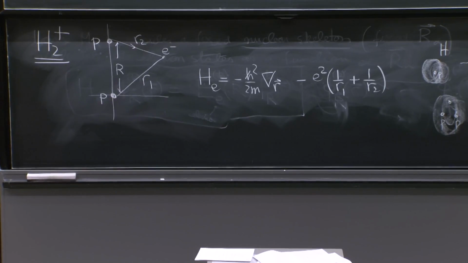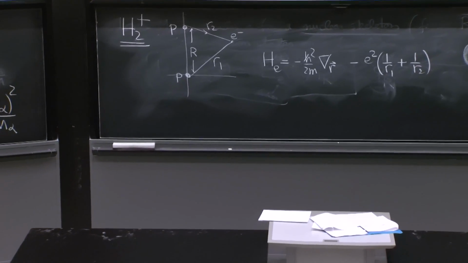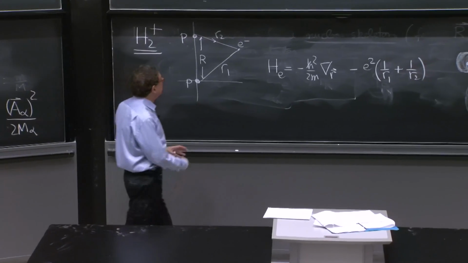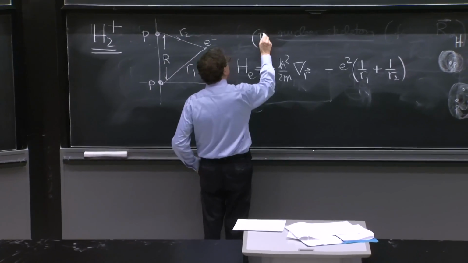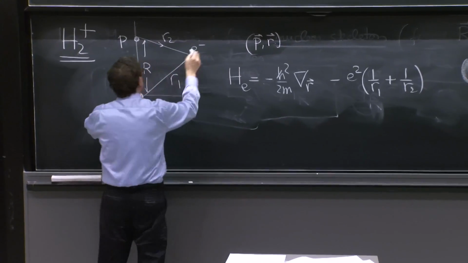Now, don't think of R1 and R2 as you have two variables, two positions. No, there's just one position. The dynamical variables for this electron are P and R for this electron. R is the position of the electron.